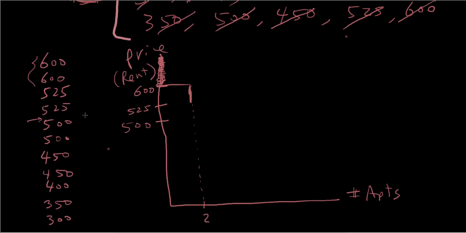So there will be 4 units demanded if the price is between 500 and 525. For this price range, price is there, 4 units, and so on.